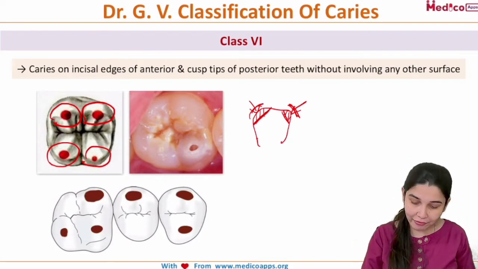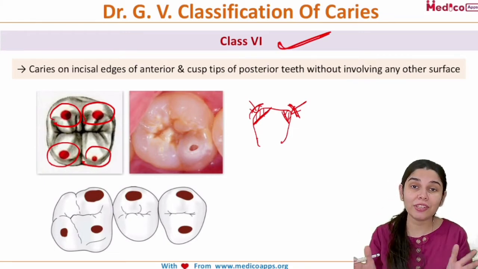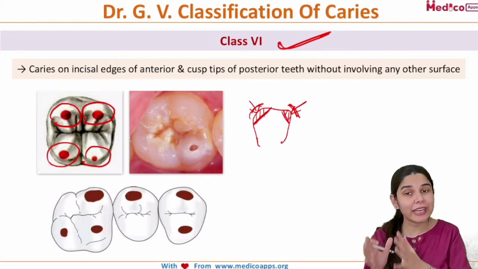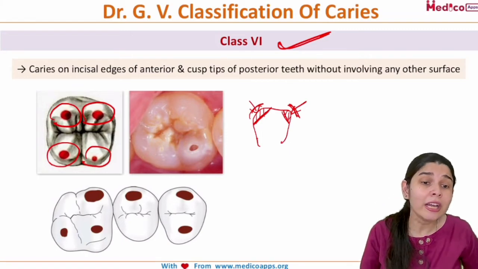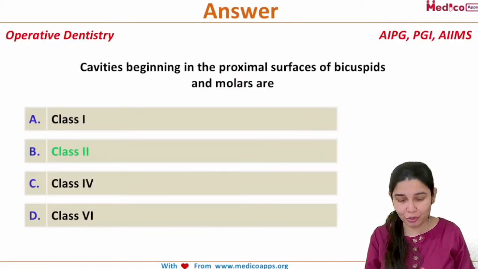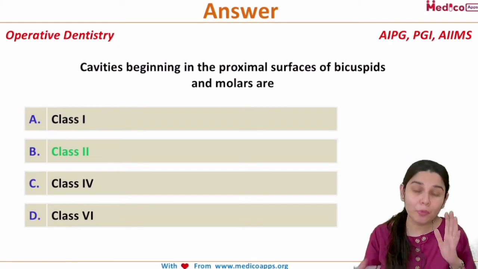So I hope you have understood this easy classification of Dr. G.V. Black of caries. Okay, now let's move to our question which we were about to resolve, and the question is the caries beginning in the proximal surface.